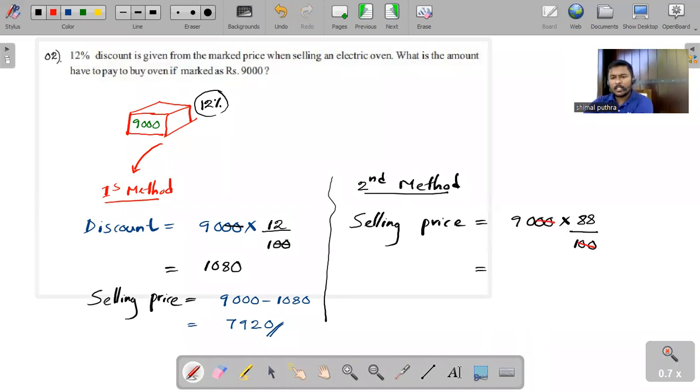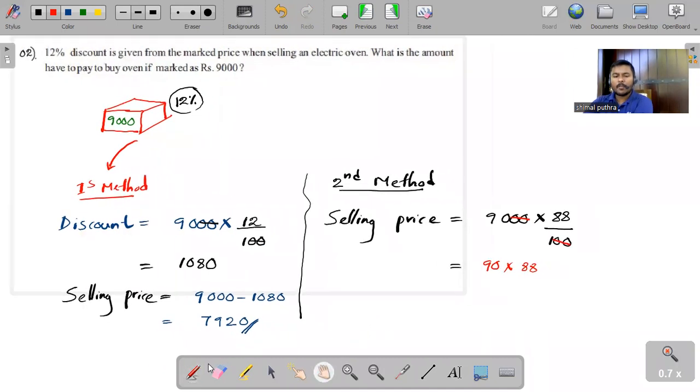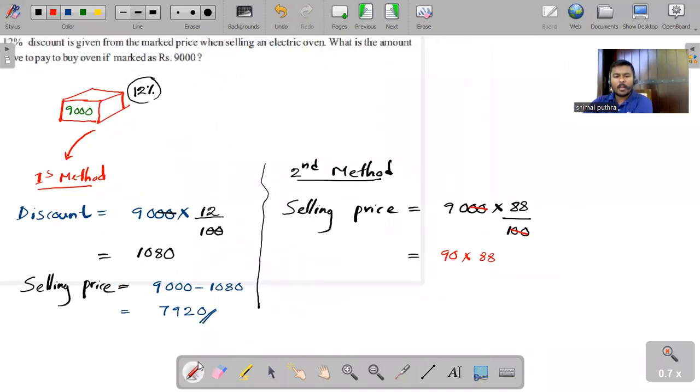So what is the answer? The zeros cancel, so the answer is 90 into 88. Then I have to multiply 88 by 9.